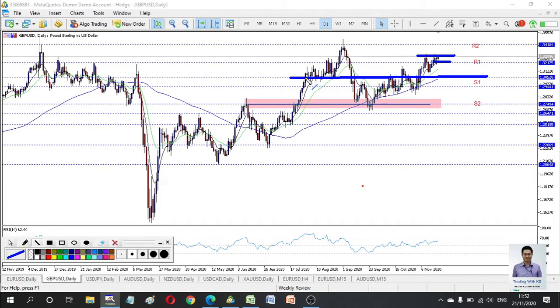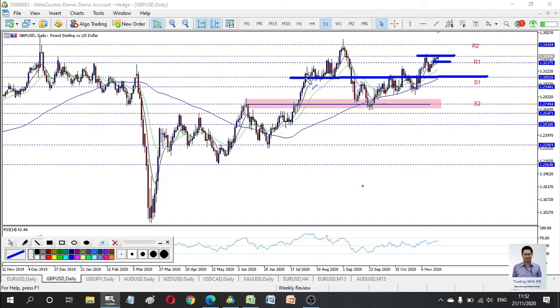The price may not reach 1,300. You talked about 1,300 as support, but maybe it might reach 1,320, then reverse.